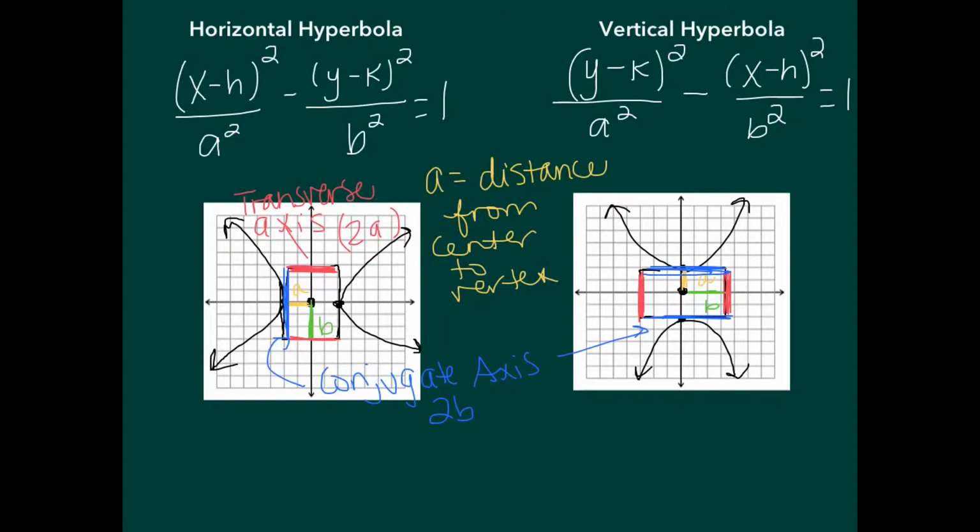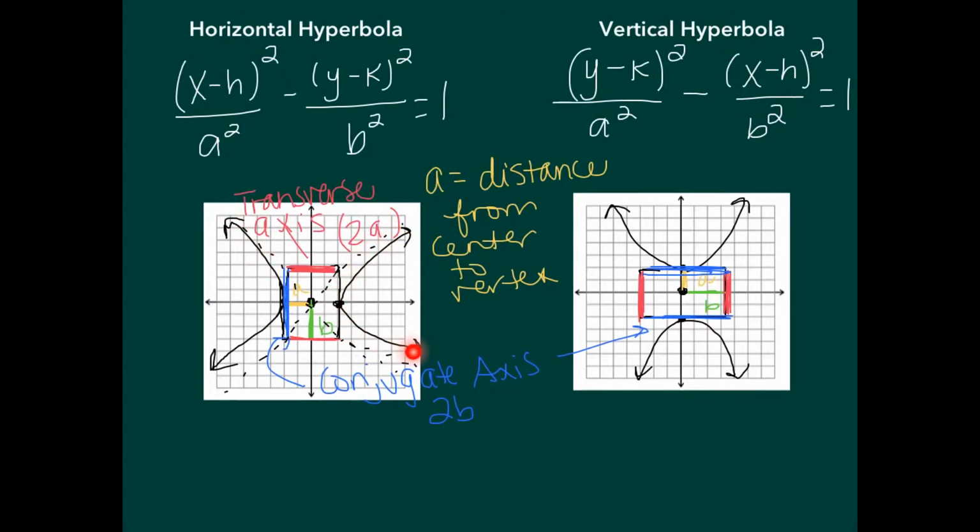So now you can see that this transverse axis and these two conjugate axes come together to form a little rectangle or box. And that shows us where our asymptote lines are. From corner to corner, these are the asymptote lines. I'm not drawing them very straight, but they're the lines that the hyperbola is going to get really, really close to and never cross.